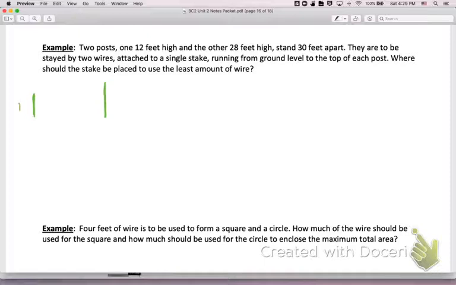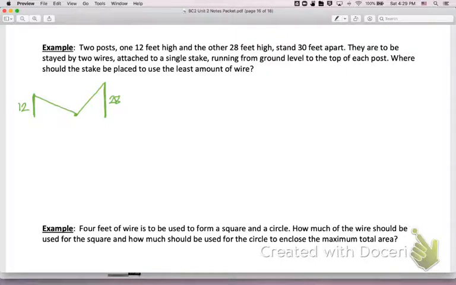The shorter post is 12 feet high, and the taller post is 28 feet high. And there's going to be a single stake that we're going to place probably somewhere in the middle and attach a wire to the top of each post that's going to steady those two posts.